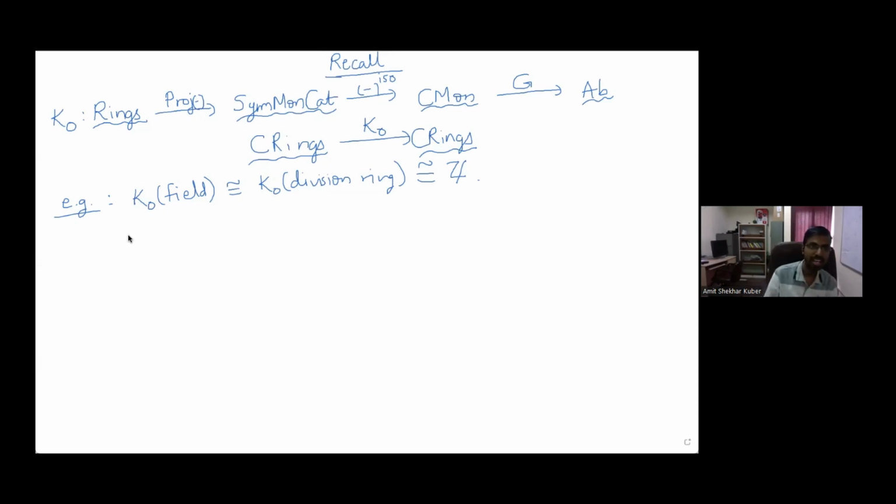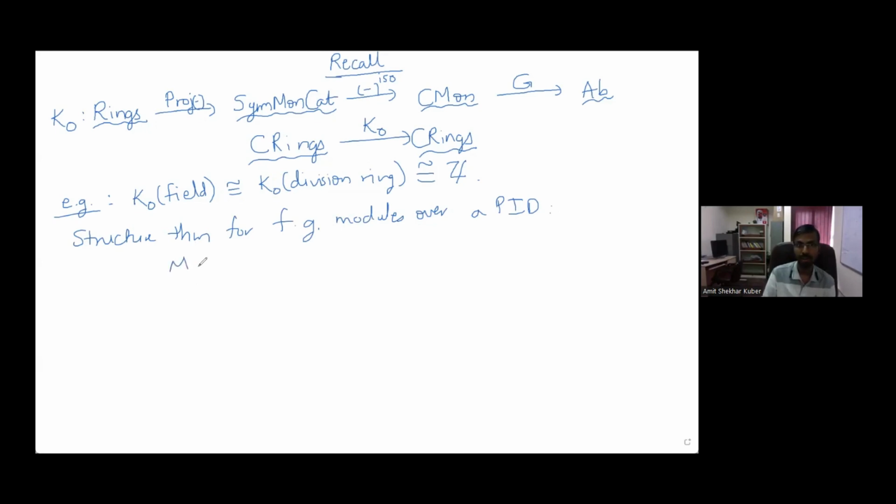So if we start with a PID, do you know any particular theorem? It's called the structure theorem for finitely generated modules over a PID. Every such finitely generated module, what does it look like?